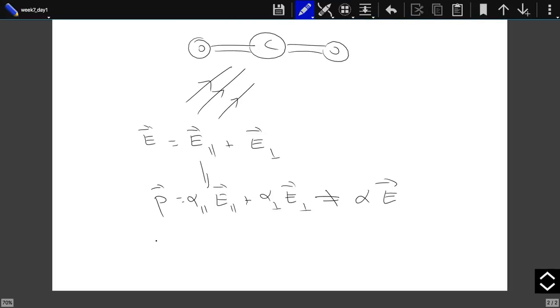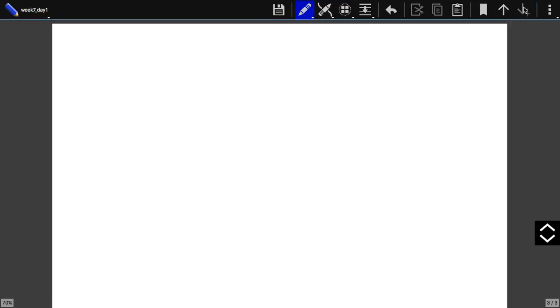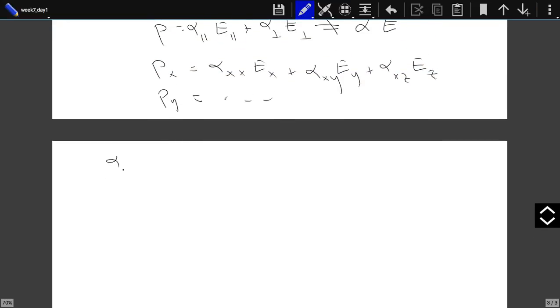So in this case, if we write the components of this dipole moment, Px will be alpha xx times Ex. It will receive some contribution from the y component, from the z component, and similarly for Py. And here, alpha ij is what we call the susceptibility tensor.